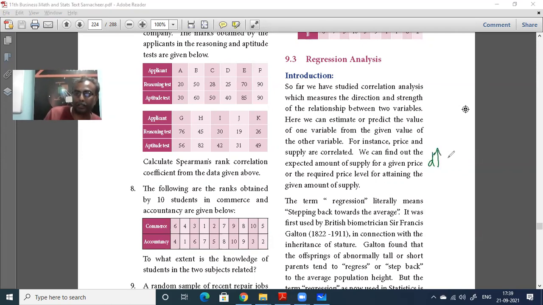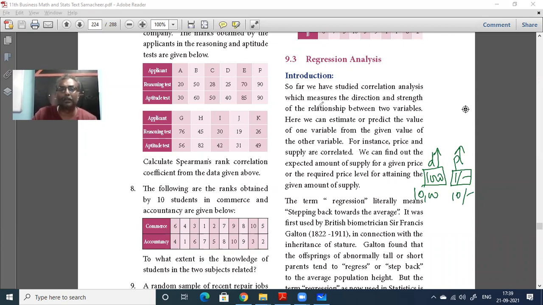Let's say this is demand. If the demand increases, then the price also increases. So demand increases by 1,000, price increases by 1 rupee maybe. 1,000 more people want the same katrika, then katrika price goes up by 1 rupee. 10,000 more people want katrika, then the price goes up by 10 rupees, like that. So that and all we saw.